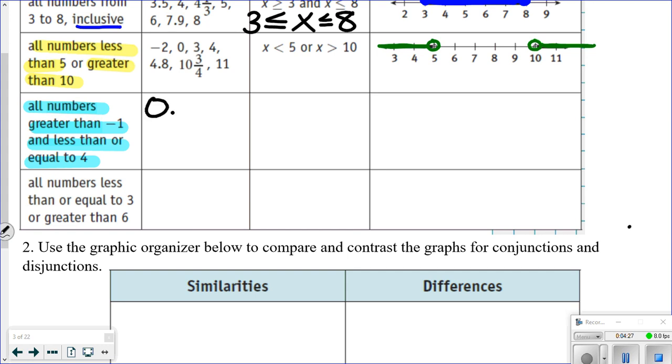Zero, 1, 2, 3, 4. You could have a decimal, 0.25.